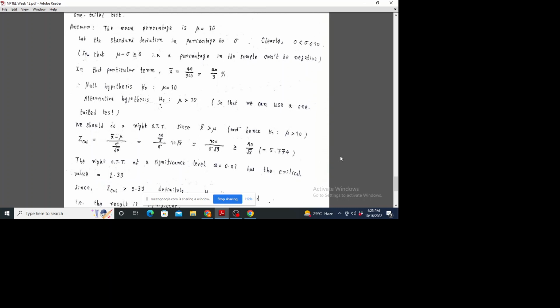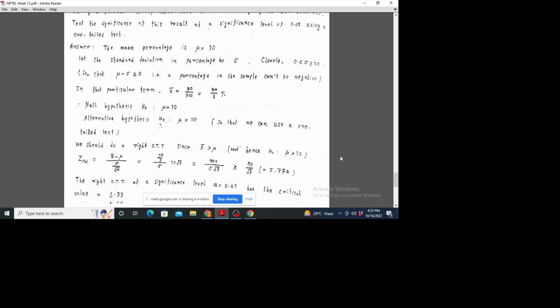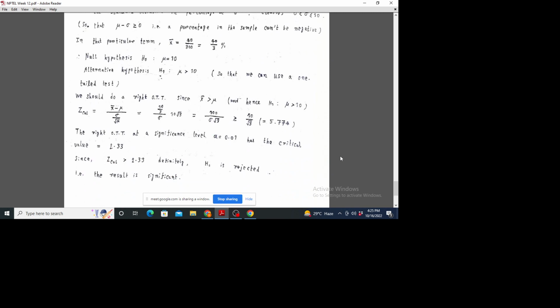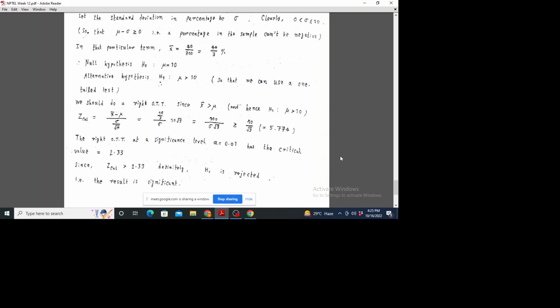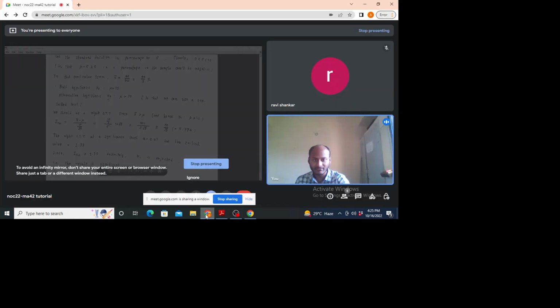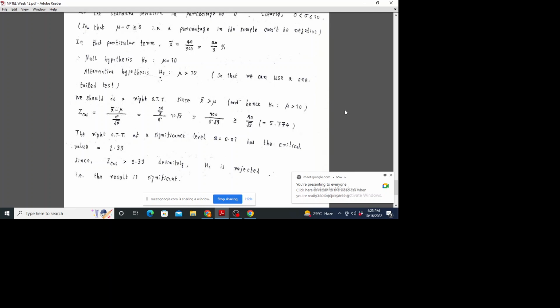And if z cal lies in the critical region, that implies that the result is significant. This is the standard language for this kind of problems. H naught is rejected is equivalent to the result being significant.